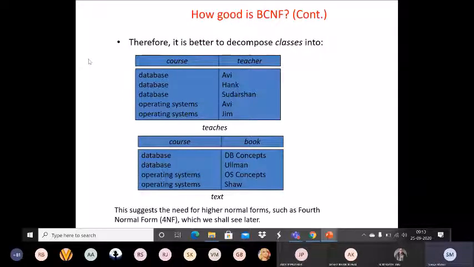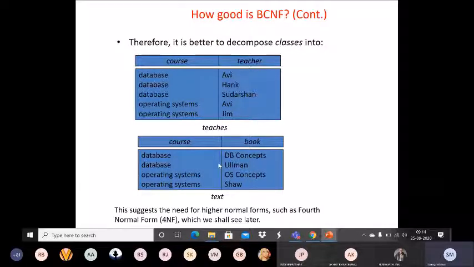So for database we have written the name of the teacher, and for the books we have written these names. Database means DB Concept, database means Ullman, operating system means OS Concept, operating system means Stallings. Like this we have decomposed.